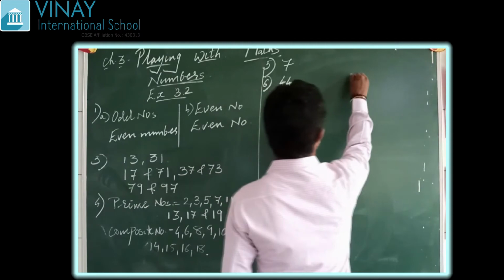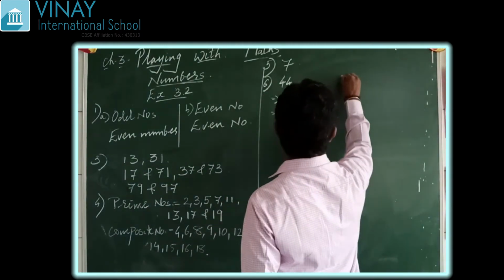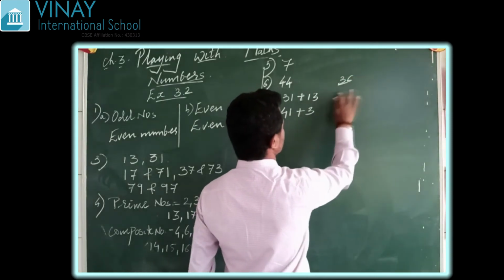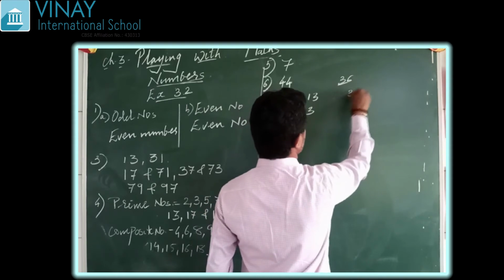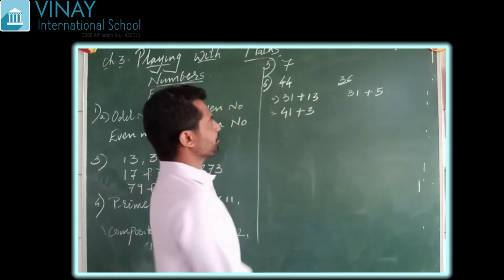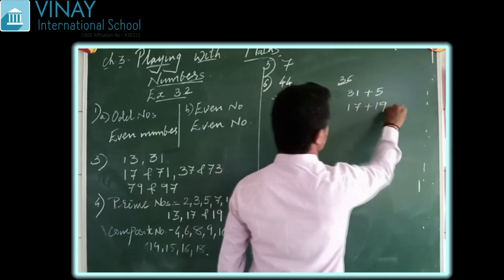Second number is 36. Again here you can write 36 as 31 plus 5.